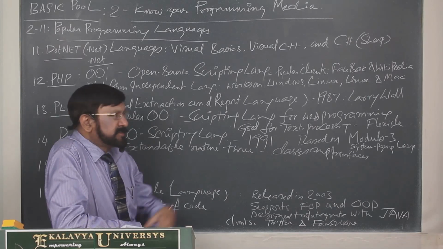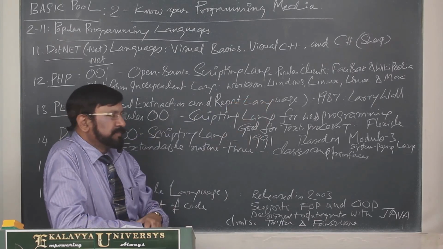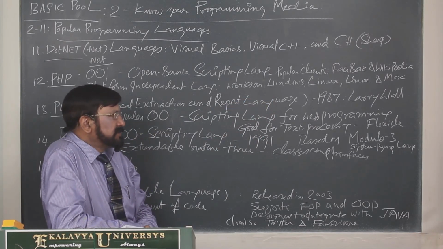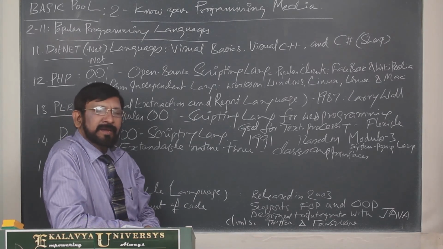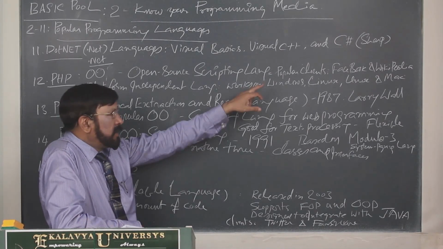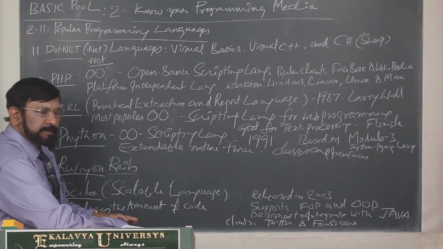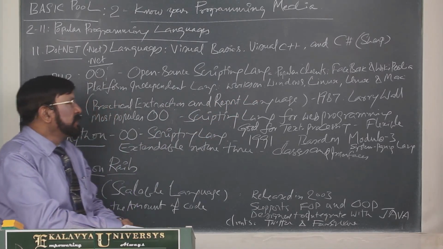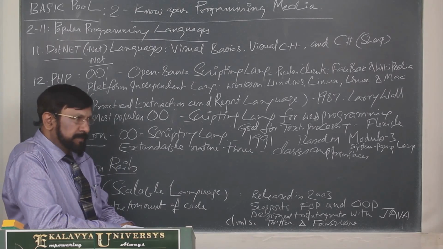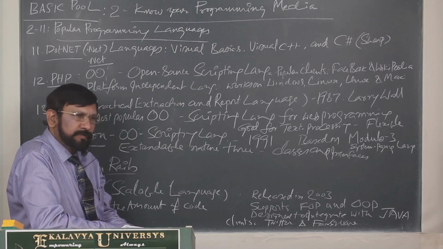PHP works on Windows, Linux, Unix, Mac, and all the operating systems. That is the specialty of PHP. This is an object-oriented, open source scripting language, a very popular one.